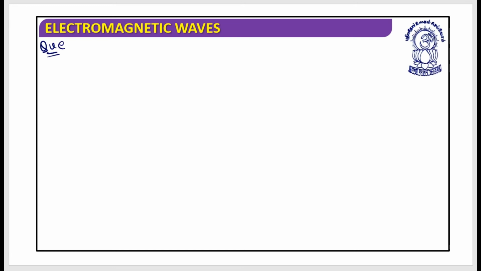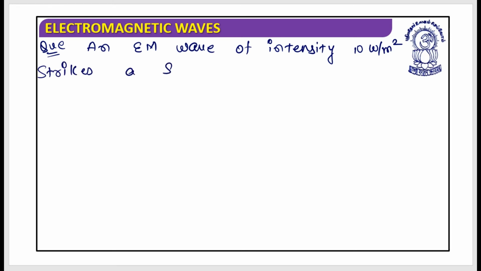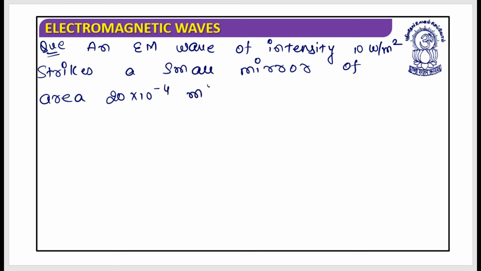The question says that an electromagnetic wave, an EM wave of intensity 10 watt per meter square strikes a small mirror of area 20 into 10 to the power minus 4 meter square, held perpendicular to the approaching wave.